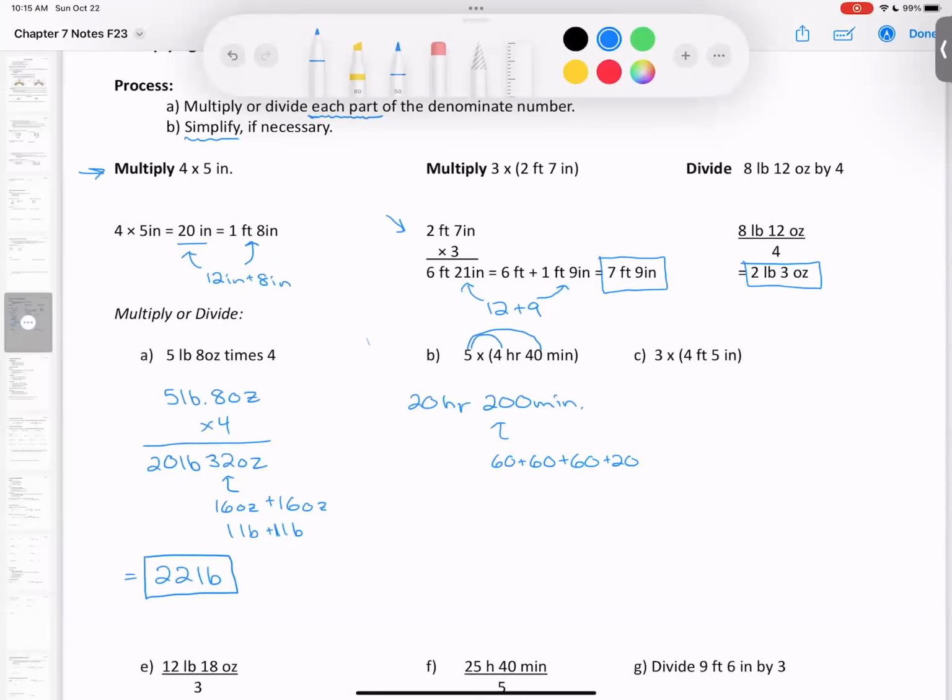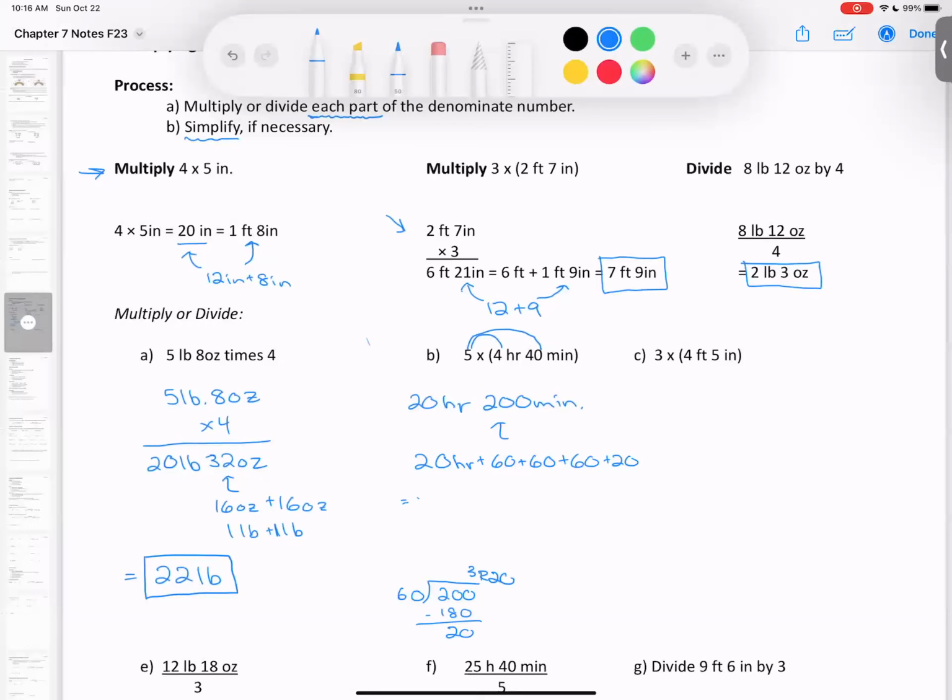And if you're not sure about that, what we're really doing is 200 divided by 60 to see how many full groups of 60 we can make. So here you would get 3, and then you would get a remainder of 20. So that's what we're really doing. We're saying we have 3 whole groups plus a remainder of 20. And so this is 20 hours plus 60 minutes plus another 60 minutes plus another 60 minutes plus 20.